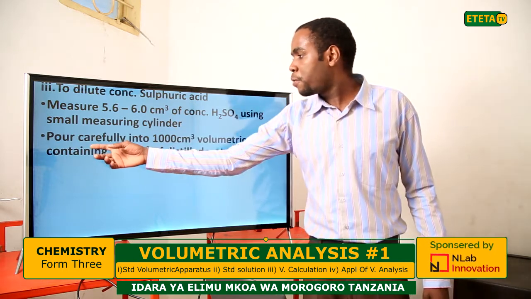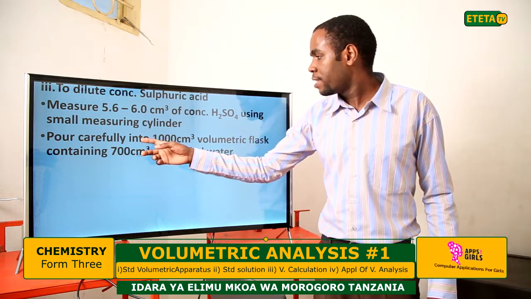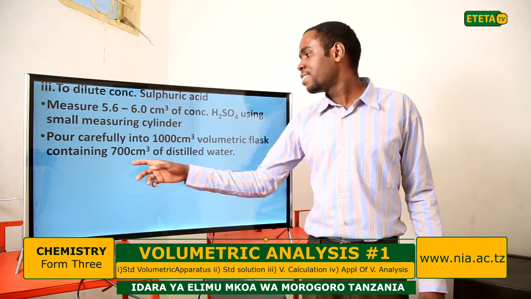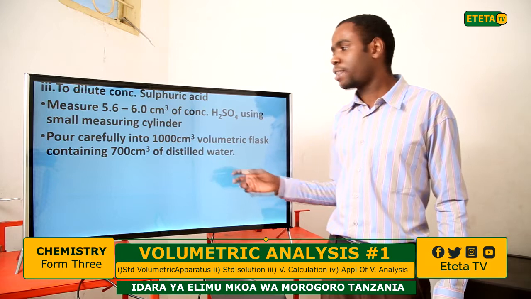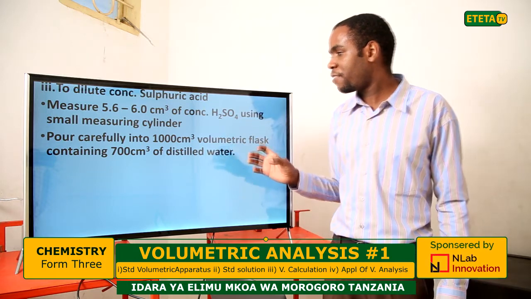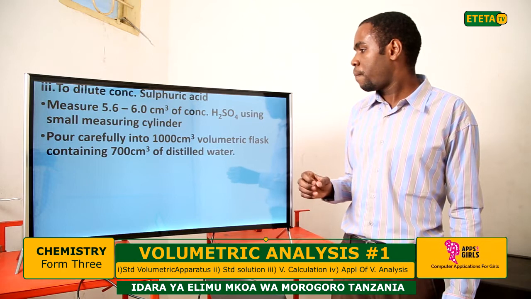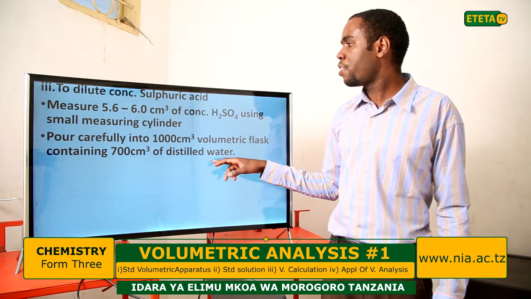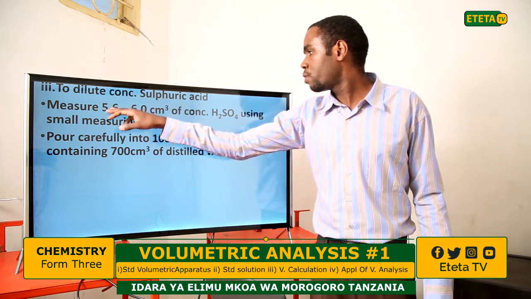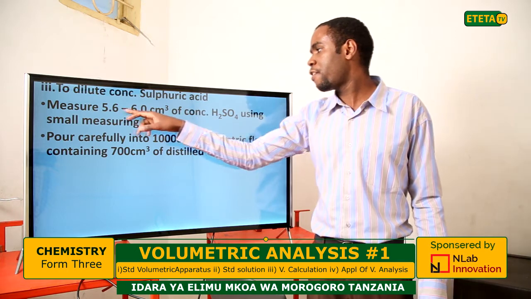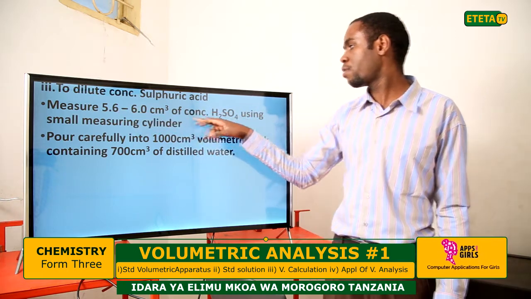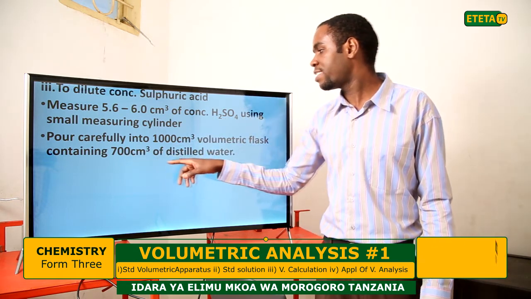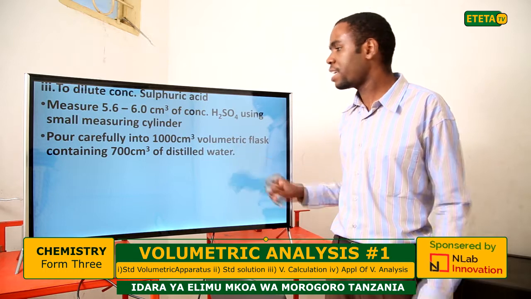After measuring this volume, what follows? Secondly, pour carefully into a 1000 centimeter cube volumetric flask containing 700 centimeter cube of distilled water. So you take the volumetric flask, then you put 700 centimeter cube of distilled water. Then the 5.6 to 6 centimeter cube of concentrated sulfuric acid which you measured, we mix with the 700 centimeter cube of distilled water in the volumetric flask.